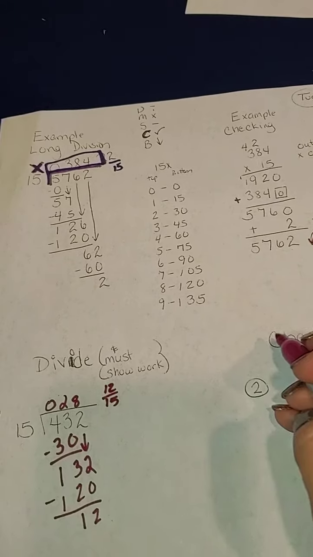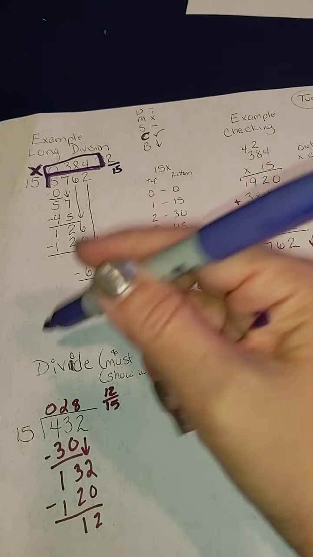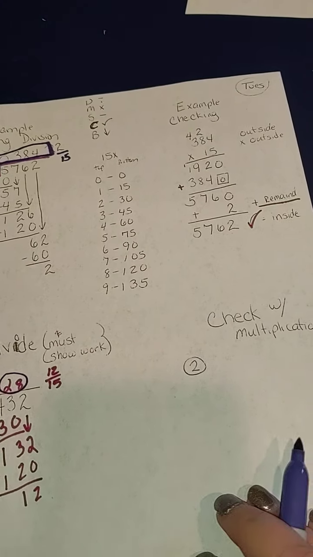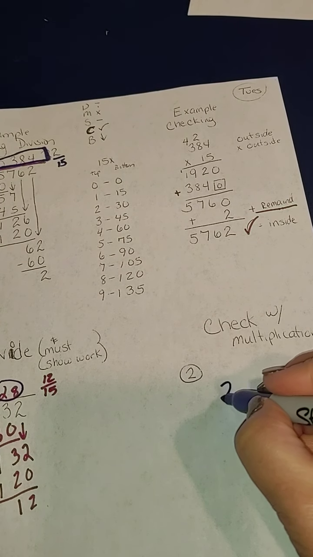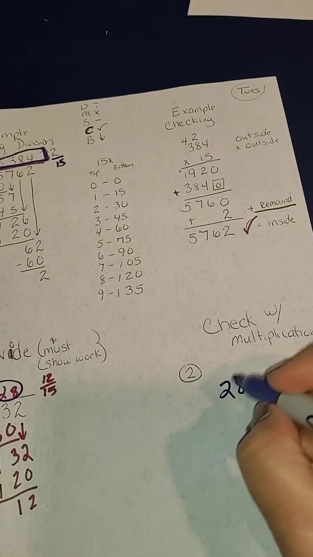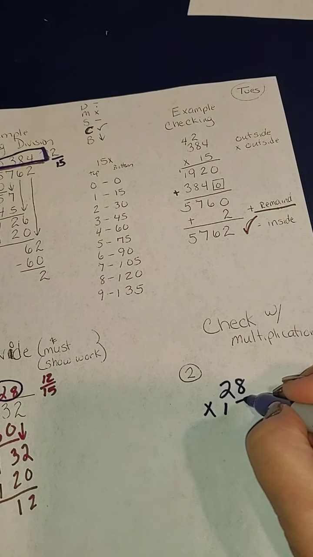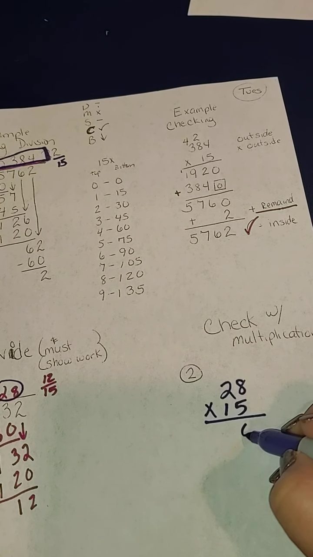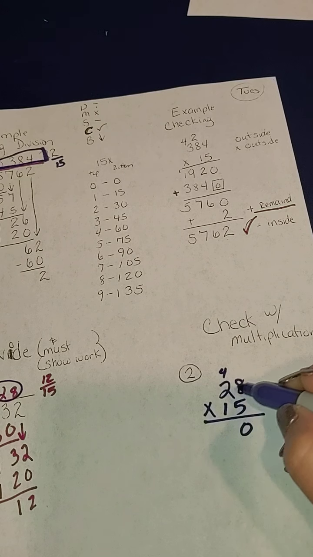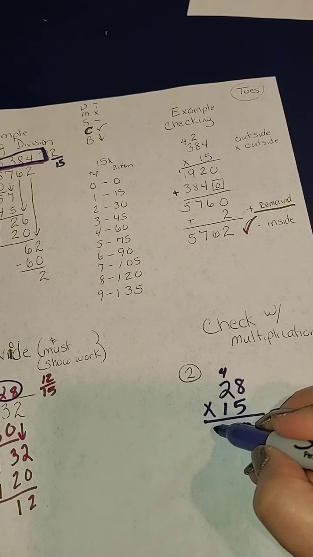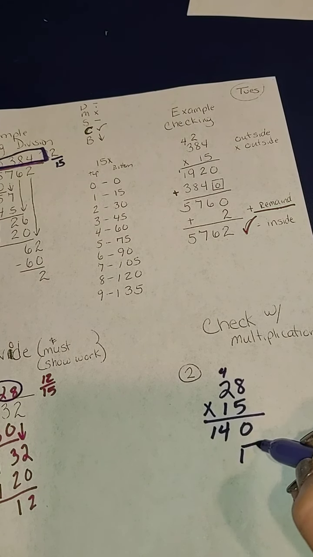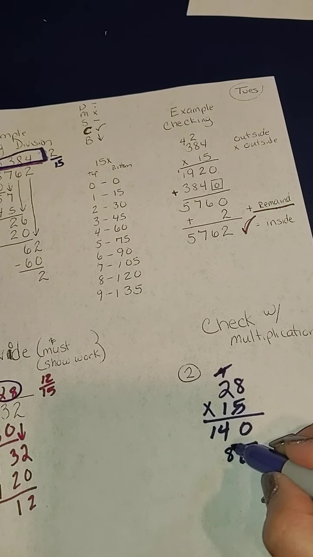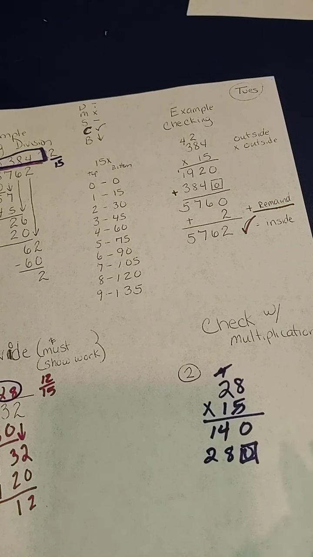To check it, remember, it is outside times outside. So just by habit, I always put the biggest number on top. 8 times 5 is 40. 5 times 2 is 10, 11, 12, 13, 14. Take my washing machine. Then I go 1 times 8 is 8. 1 times 2 is 2.